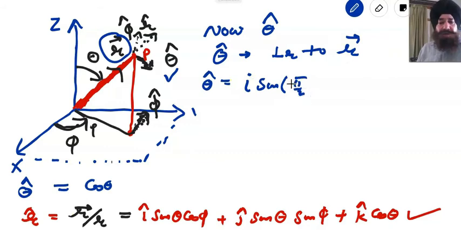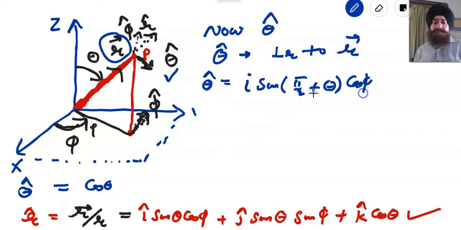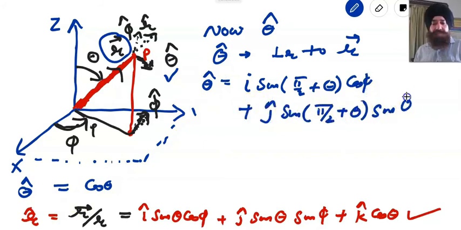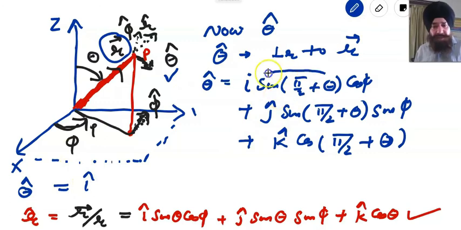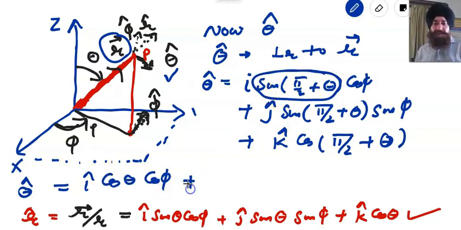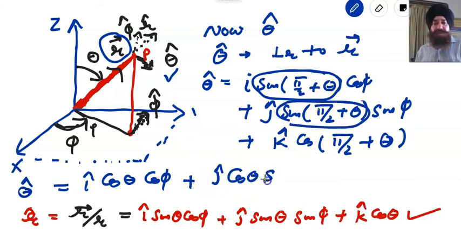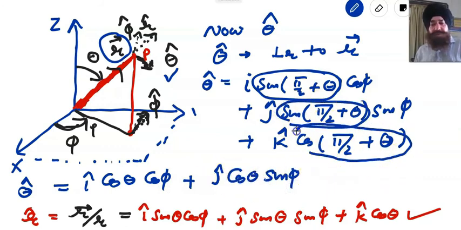So changing theta to 90 plus theta in this equation, we'll have this equation. Now you know very well what is sine 90 plus theta. Sine 90 plus theta is cos theta, cos phi. Again, sine 90 plus theta is cos theta.